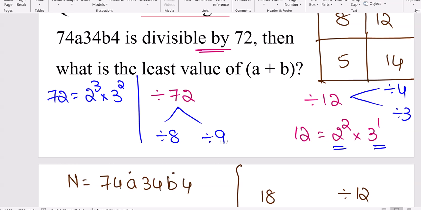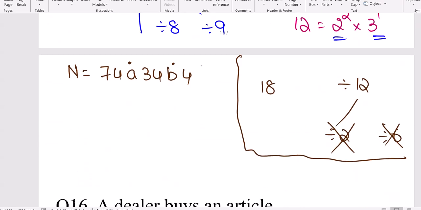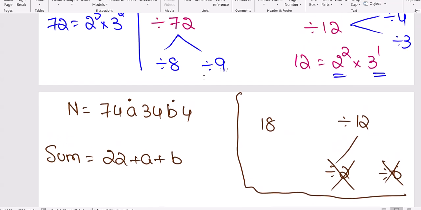Except A and B, what is the remaining summation? 7 plus 4, 11. 11 plus 3 plus 4, 18. 18 plus 4, 22. Plus A plus B. This is the summation.